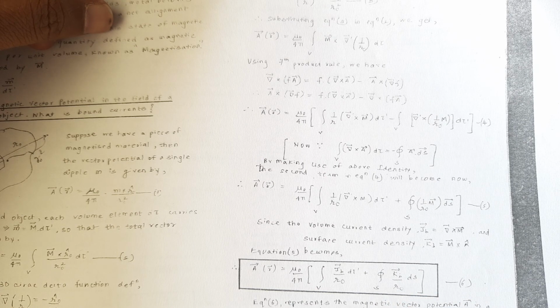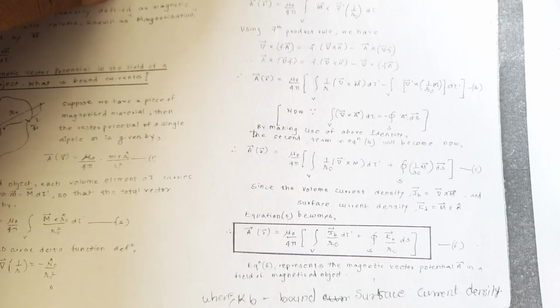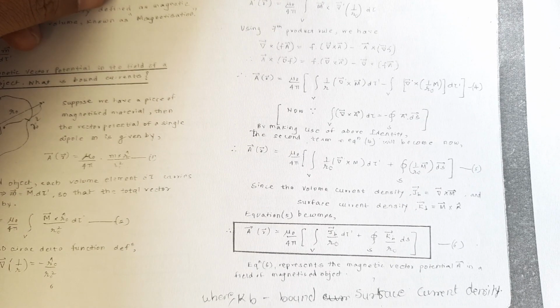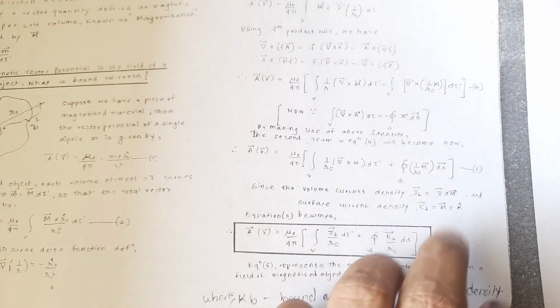This equation represents the magnetic vector potential A bar in the field of a magnetized object. Here Kb is the surface bound current density.